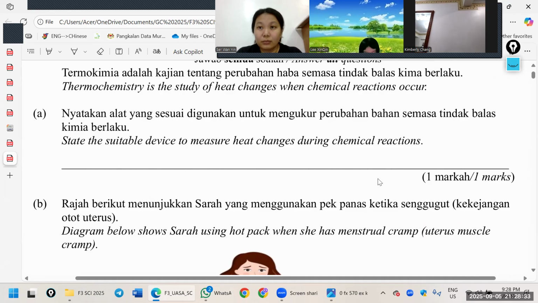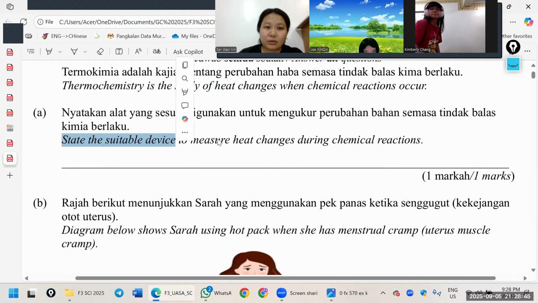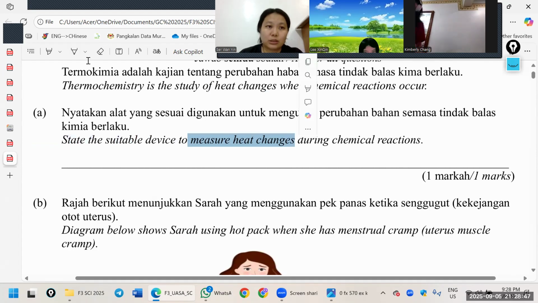No. Okay, this question: Thermochemistry is the study of heat changes when a chemical reaction occurs. State one suitable device to measure the heat changes.